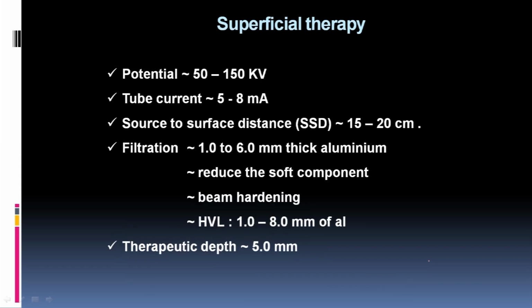Now coming to superficial therapy. As the name suggests, this equipment is also used to treat superficial lesions or superficial targets. Here superficial therapy is operated at a potential between 50 to 150 kilovoltage with a tube current of 5 to 8 milliampere.